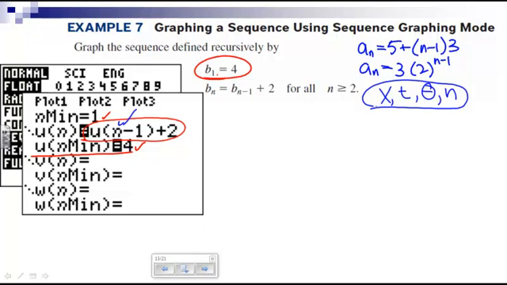Where are you going to get the little u? The answer is the little u is right above the 7 key. So it's second 7. So when you're in function mode, it's an x. When you're in parametric mode, it's a t. When you're in polar mode, it's a theta. And when you're in sequence mode, that one button is an n.